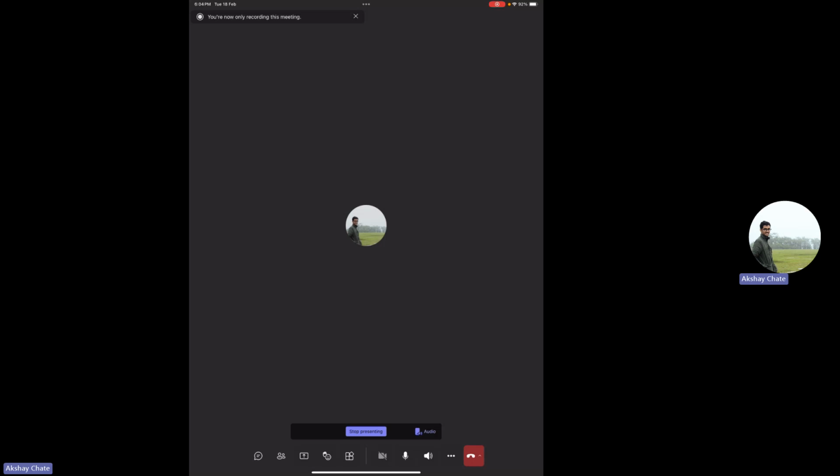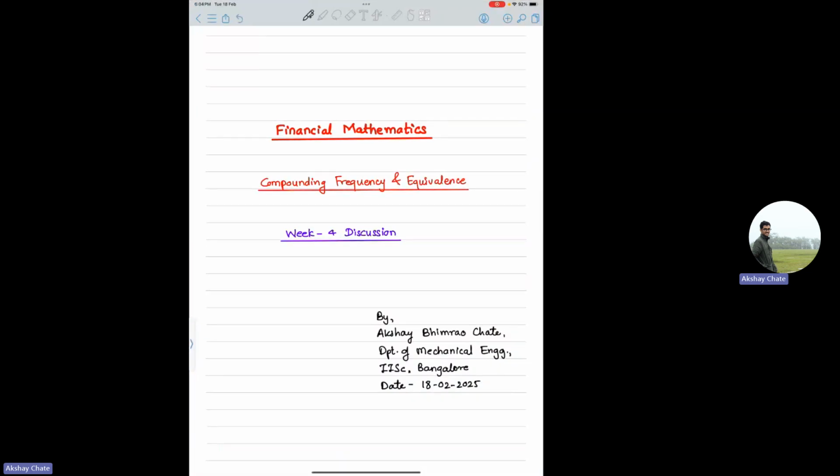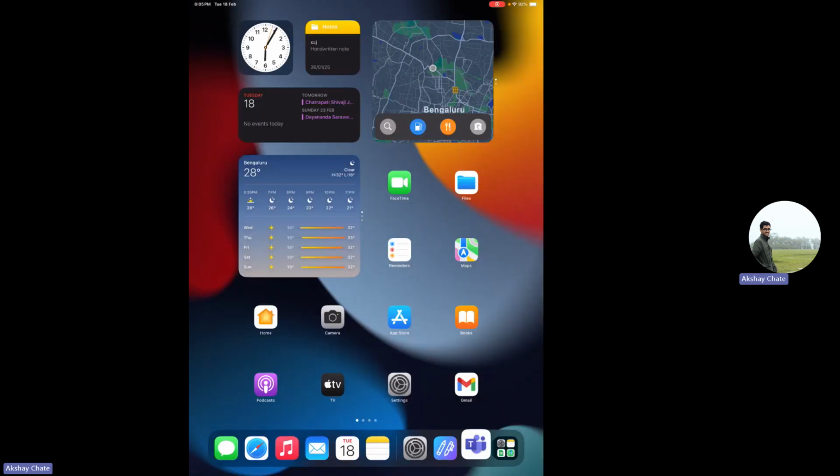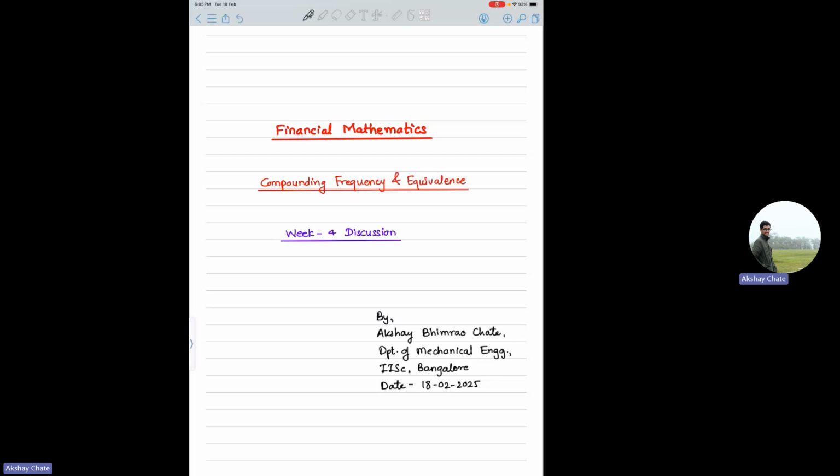This is a continuation of our previous class only. Here we mostly play around with the concept of effective interest rate in the case of compounding.